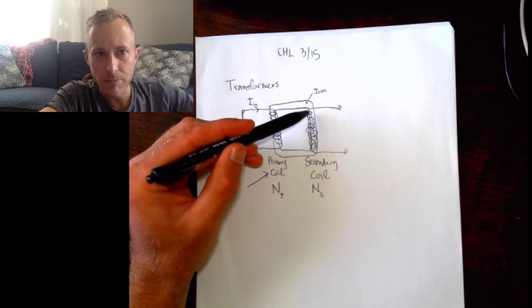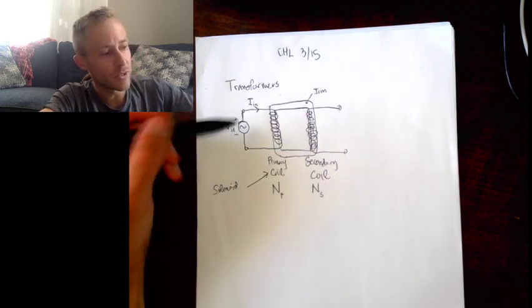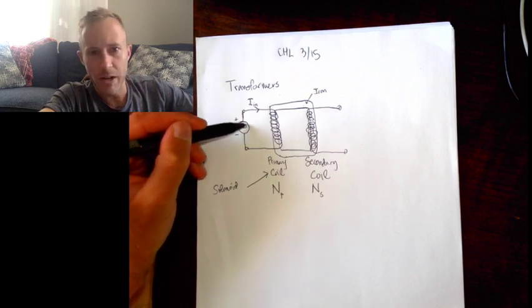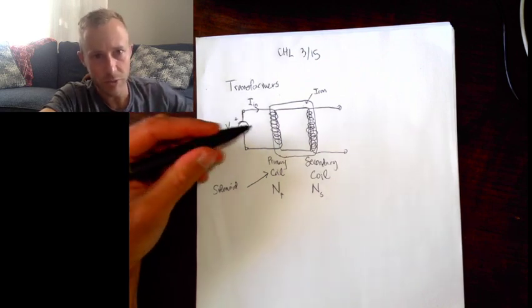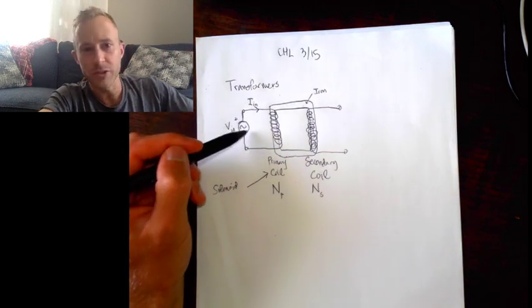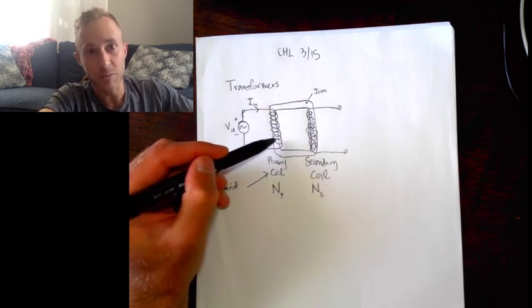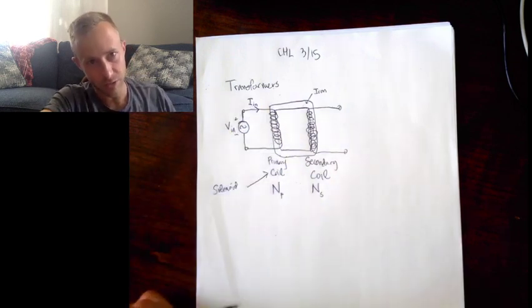And then the secondary, because this symbol right here means an AC source, so it's a voltage that is changing sinusoidally. Because the voltage is changing sinusoidally, the current is changing sinusoidally, which means the magnetic field is changing sinusoidally.